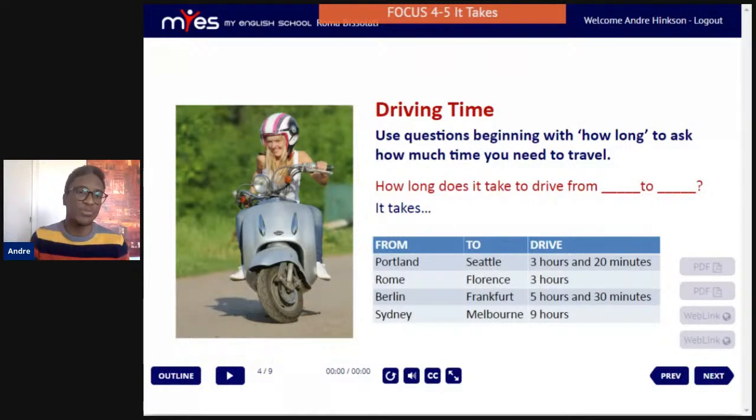And then when you're responding or answering, you use it takes, and the length of time. So it takes 5 hours to drive, the infinitive of the verb, from Naples to Florence. I think it takes longer than 5 hours. Excellent, guys. Very, very good. So let's move on.